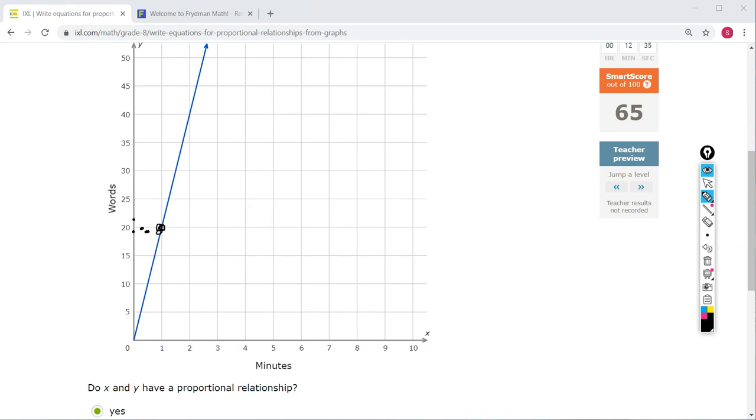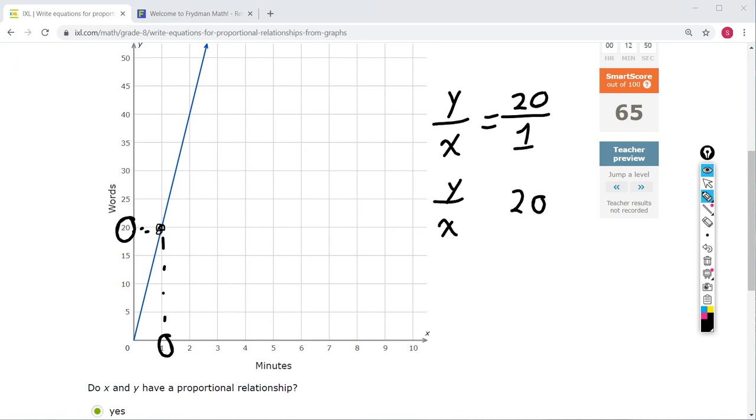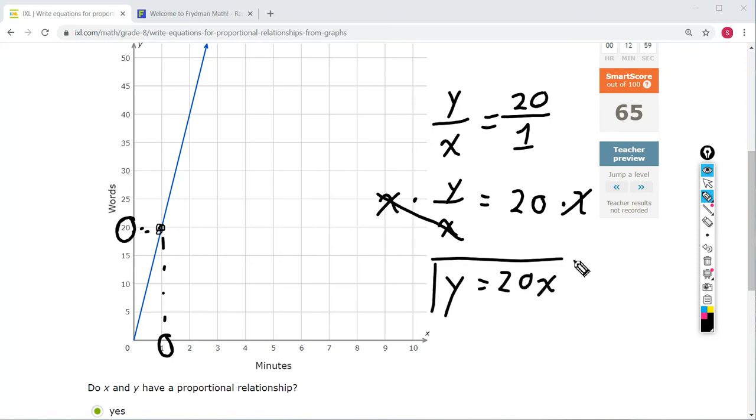We have 20 for y, and we have 1 for x. Y over x equals 20 over 1. 20 divided by 1 is just 20, so we have y over x equals 20. Multiply both sides by x, and we get y equals 20x.